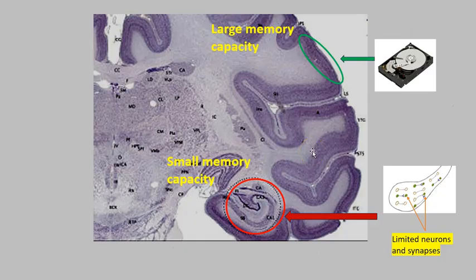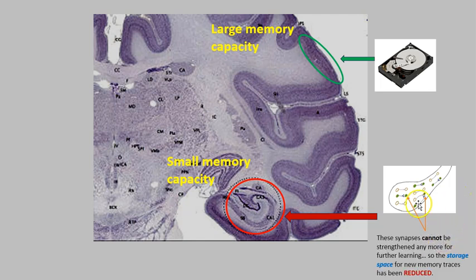Another way of thinking about why the brain is doing this is the following. We can think of the hippocampus as just a small memory capacity system. There are just far fewer neurons in the hippocampus than in the cerebral cortex. So we've got limited neurons and synapses in the hippocampus. Now this means that the synapses that get strengthened during some particular learning event during the day, well, they cannot be strengthened anymore for further learning.